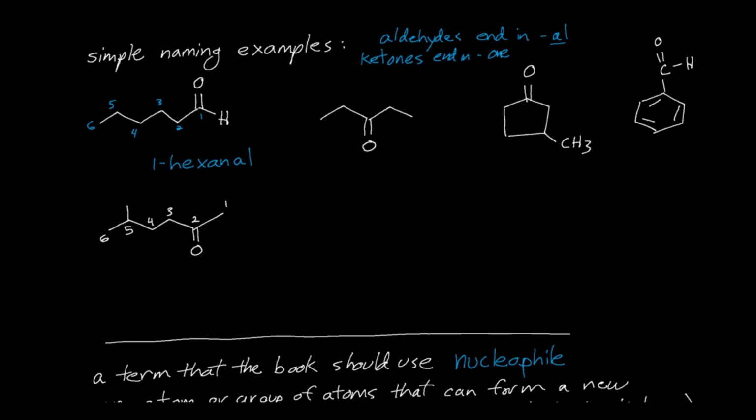Right next to it here we have a carbon chain that's 1, 2, 3, 4, 5 carbons long. There's a ketone at carbon 3, so it's 3-pentanone. This is a cyclopentanone.